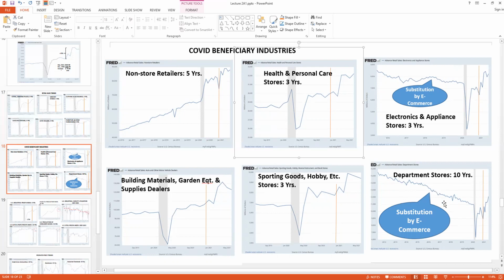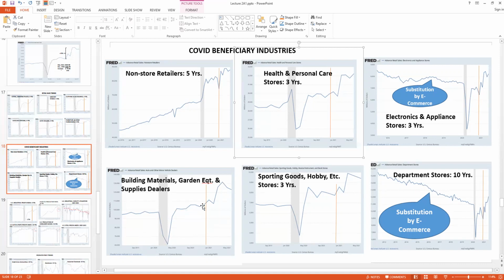And the same thing was true in department stores, which have really seen a decline in their sales over several years, 10 years in this chart. But with the COVID, people went out to get the stuff that they needed at home. It took them a while to do it, and you can see in 2020 this industry really suffered and is now coming back. And the same was true of electronic stores, but the recovery was a little faster.